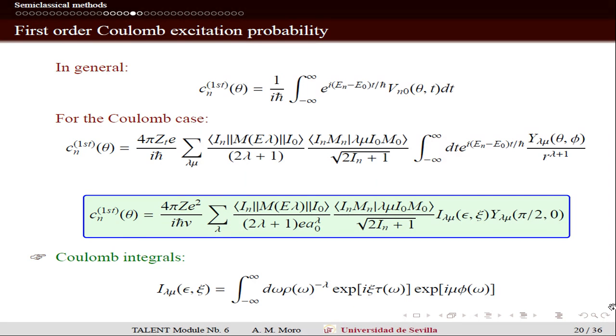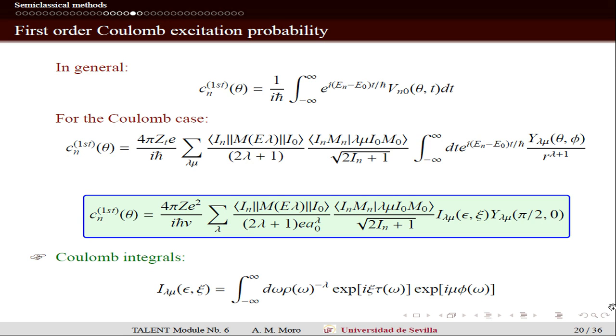Well, these integrals that appear here, these are the spherical harmonics. So these are actually analytical quantities that can be calculated or tabulated and can be implemented in some code. Many times one writes this integral in terms of this other integral. These I are called the Coulomb integrals and are defined in this way.